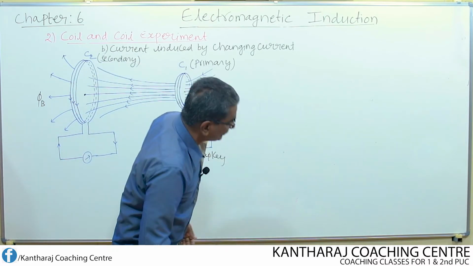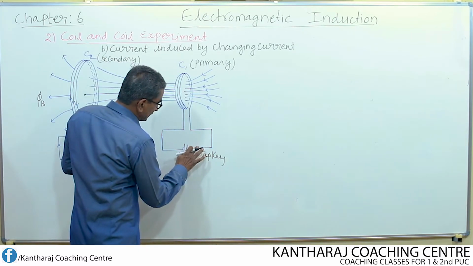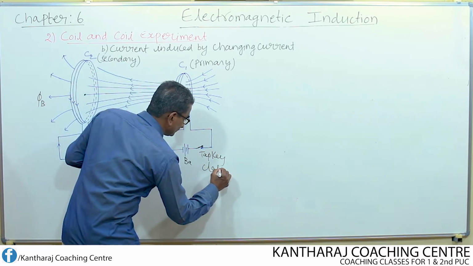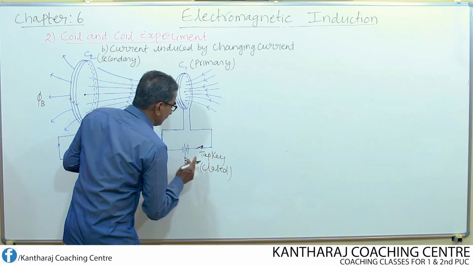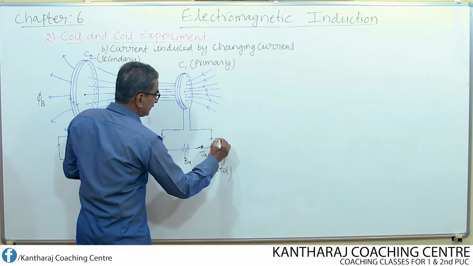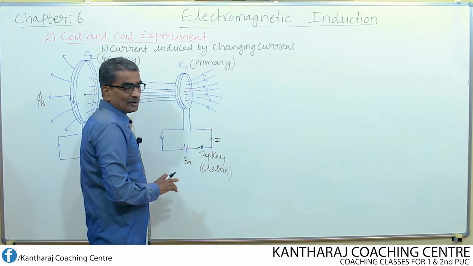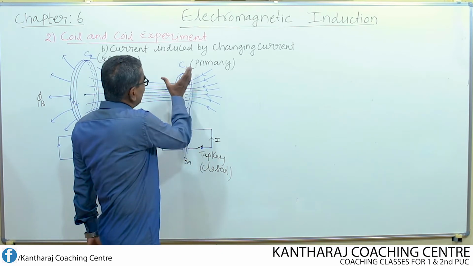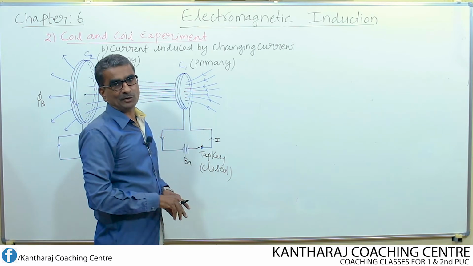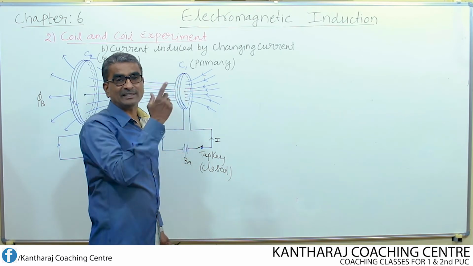Now what actually happens when you close the key? Say for example, if you just press the key, when it is closed, current starts flowing through the coil. But when the key is closed, the current gradually increases in the coil C1. It increases from 0 to a certain maximum value. As soon as you close the key, the current in the coil C1 goes on rising.